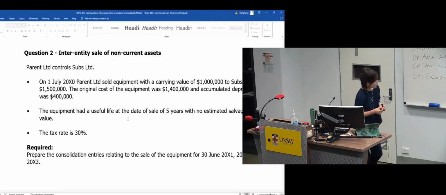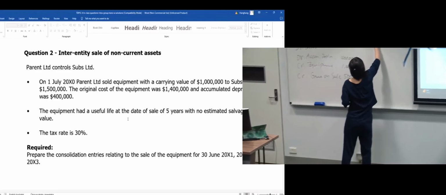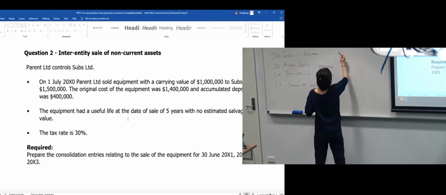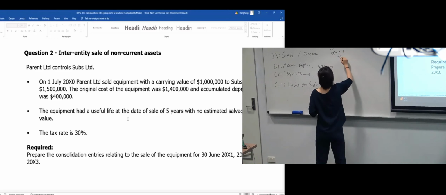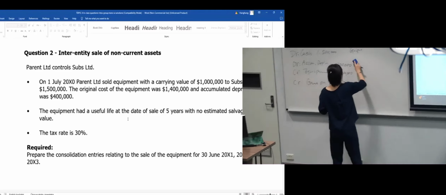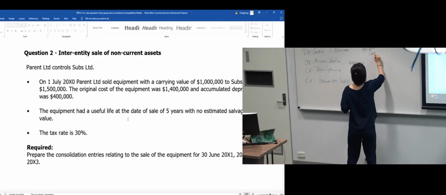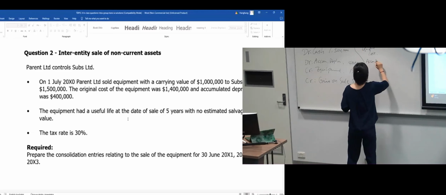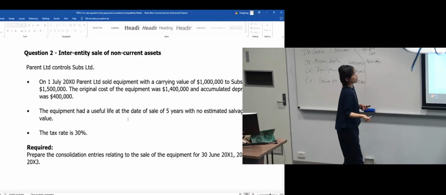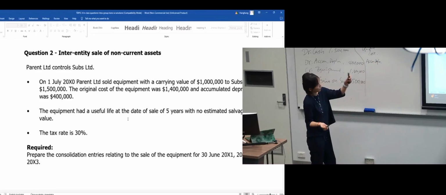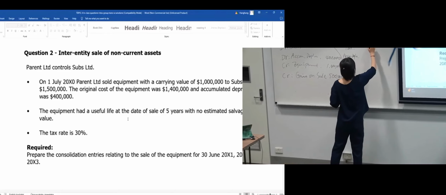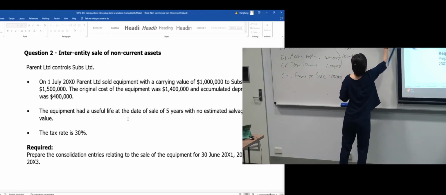You can see the subsidiary's record of the equipment, this is the cost, and that is the accumulated depreciation. So you can see the subsidiary's record immediately after transfer is 1.5 million, right? Now what is the group position?